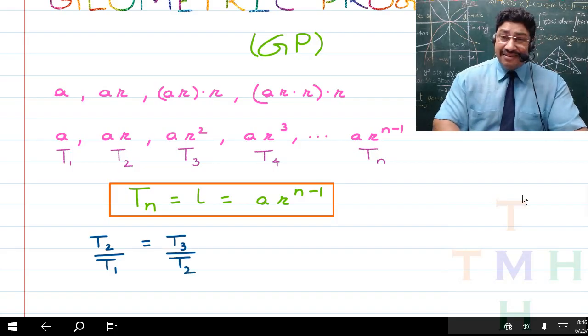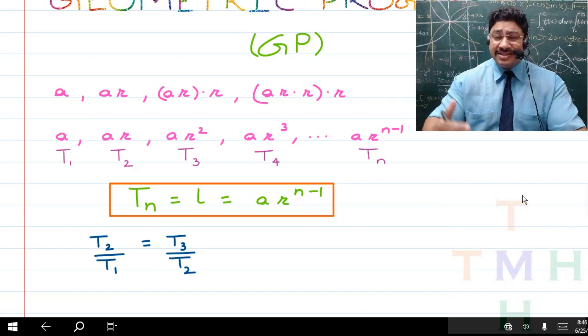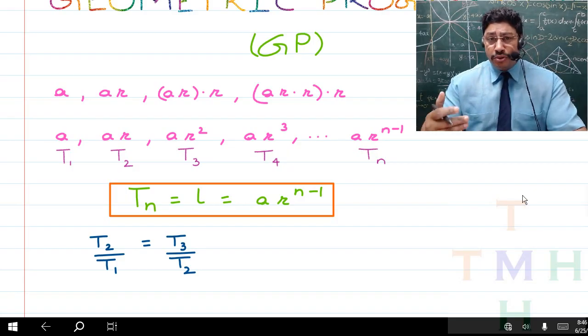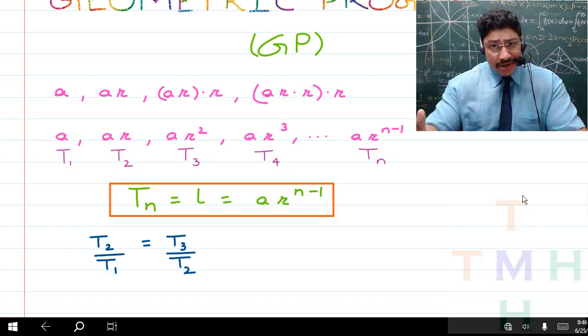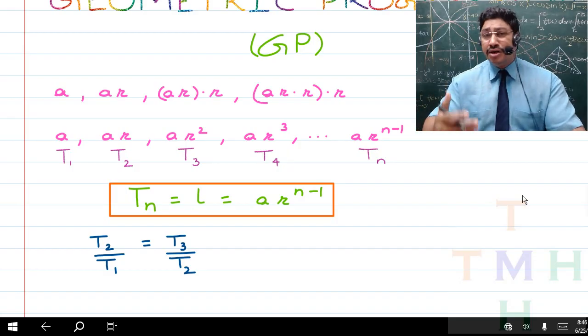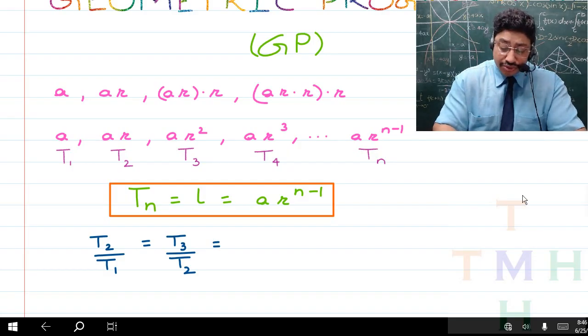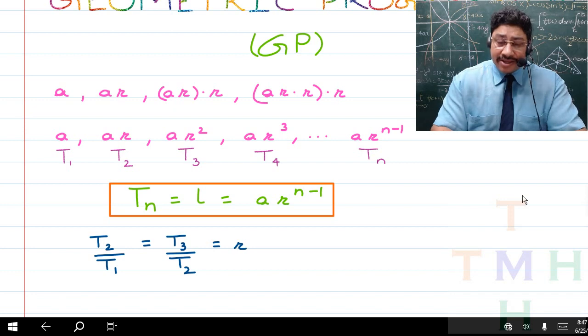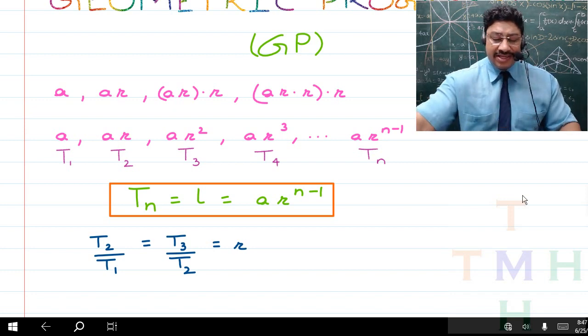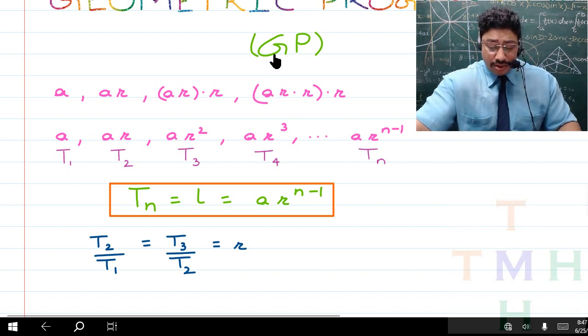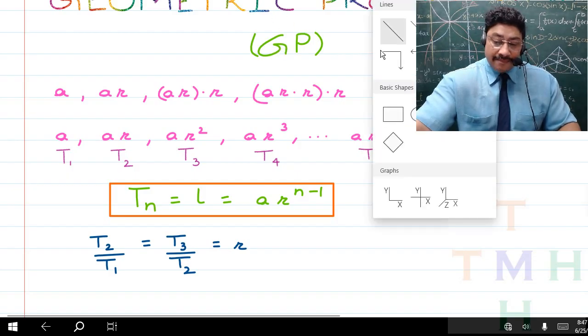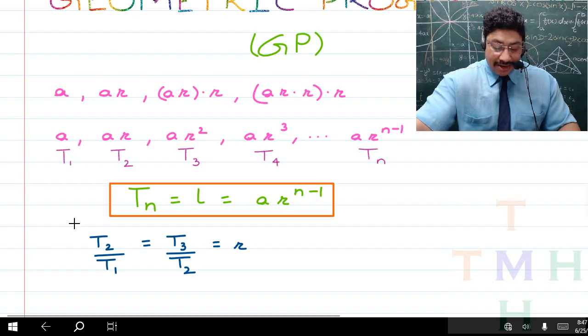That means if we find out the ratio of the consecutive terms where we put the term which has come later in the numerator and that term which has come earlier in the denominator, then we will get this ratio always to be equal to the common ratio r, right? So this is the special characteristic, and as this is again important, I will put this in a box, so that you can write this in notes and also learn this up.